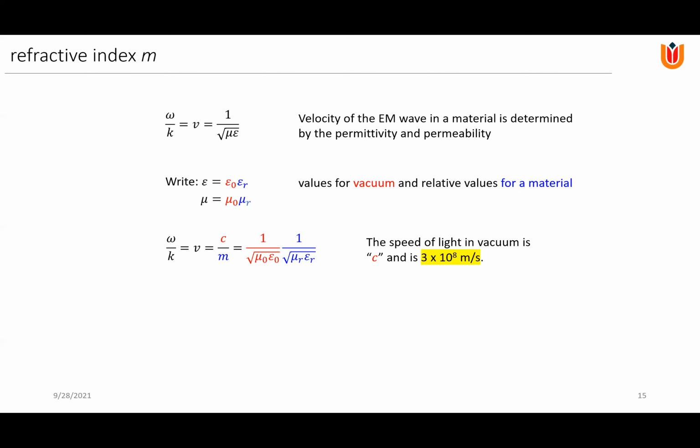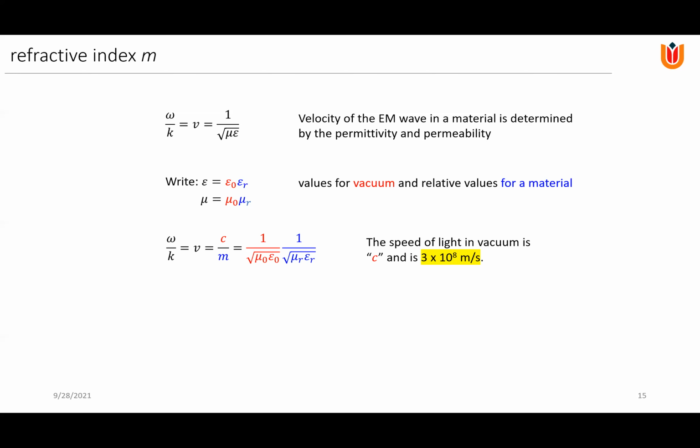We can rearrange this whole thing. So this absolute velocity in the medium can then be written as a value that is valid for vacuum, that is c, and a correction factor, if you like, for the material, given by M. For the electromagnetic wave velocity in vacuum, we have a symbol, c, the speed of light in vacuum. You know that, it's 3 times 10 to the power 8.